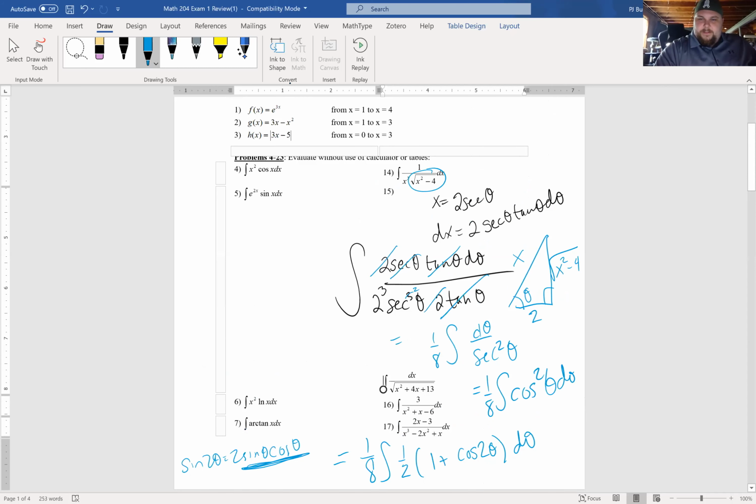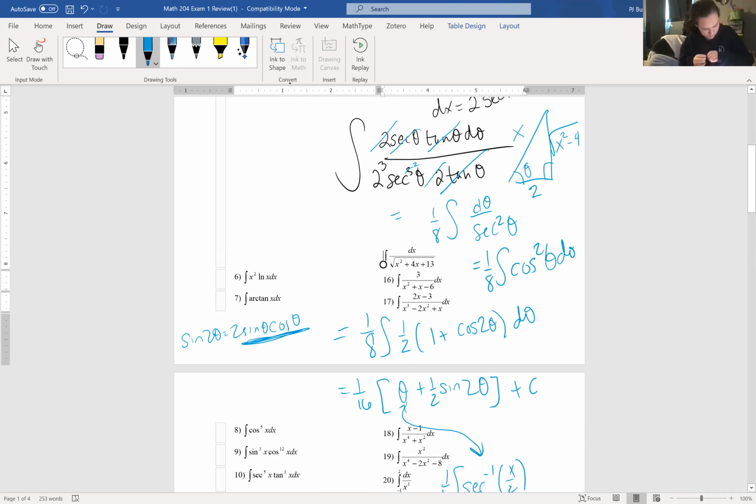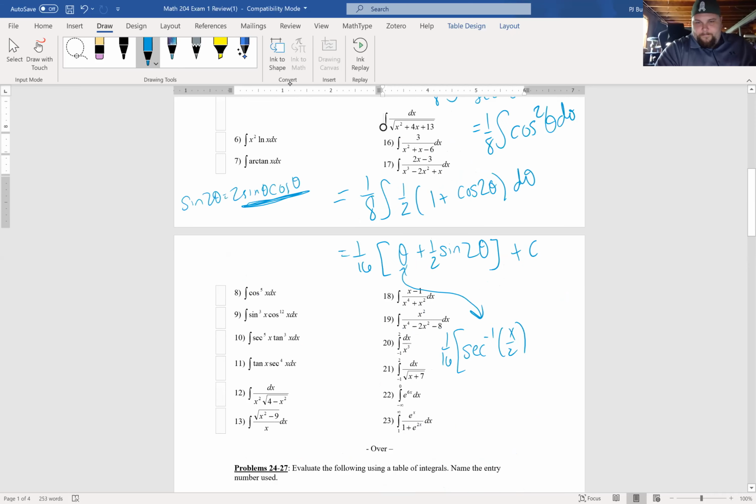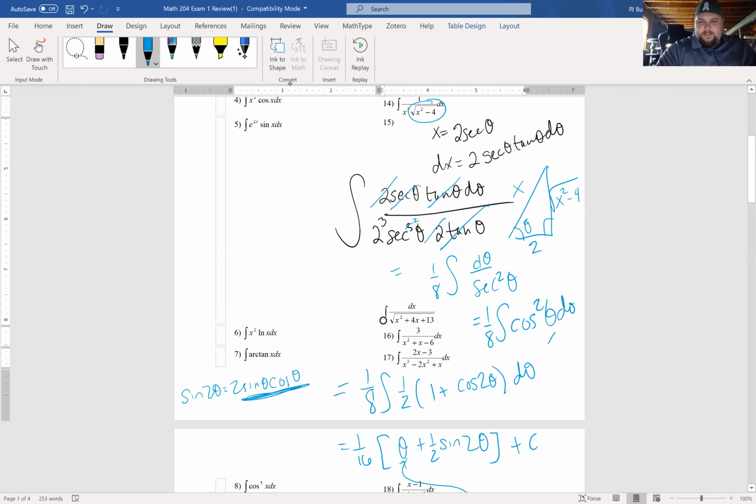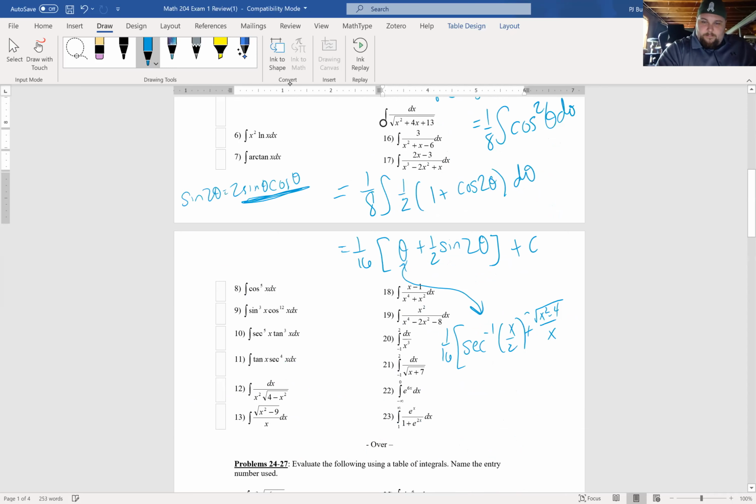It does. Sine of the angle is going to be the square root of x squared minus 4 over x, and the cosine is going to be 2 over x. So it should look like that.